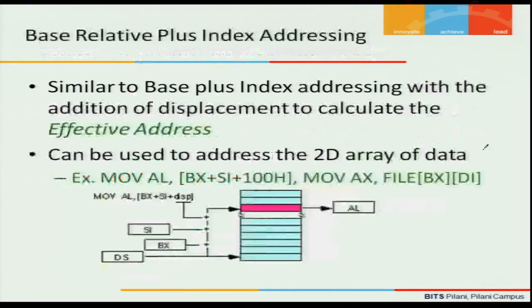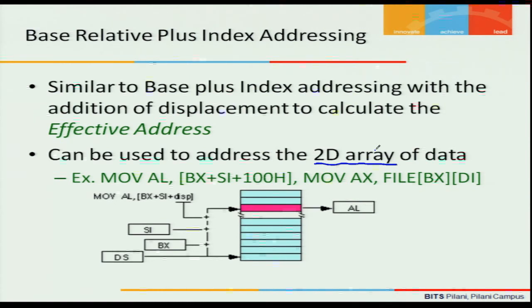Now the last addressing mode that is available in 8086 is what we call the base relative plus index addressing mode. So base relative plus index addressing mode is essentially used for addressing 2D arrays of data. That's where you can use it. The previous addressing modes which we were discussing were mostly used for addressing arrays.